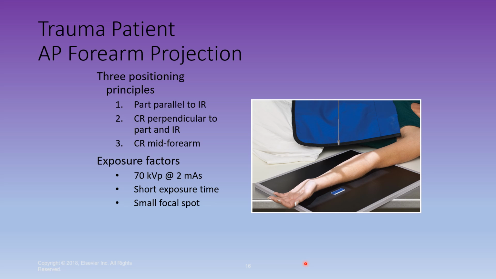Okay, so the tube position for a cross-table lateral and a decubitus are exactly the same. The only difference is when it's a decubitus, it means that you're looking for air fluid levels. When it's a cross-table lateral, that means you're not looking for air fluid.